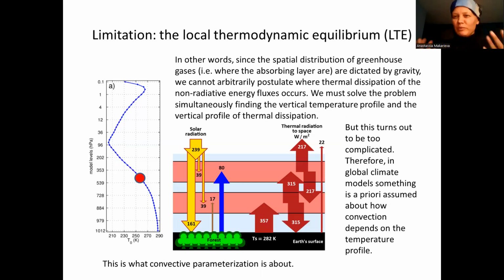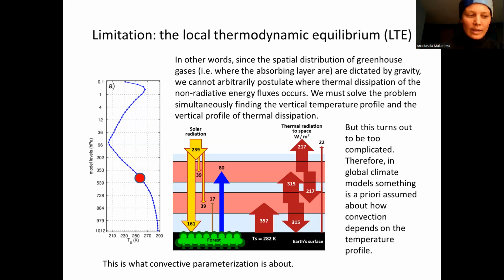It is a simplification which says we will not be solving for everything, but we will make certain assumptions as to how the non-radiative fluxes of energy depend on the vertical temperature profile.